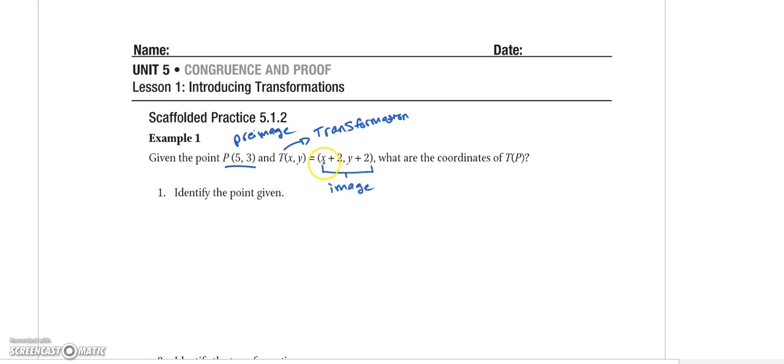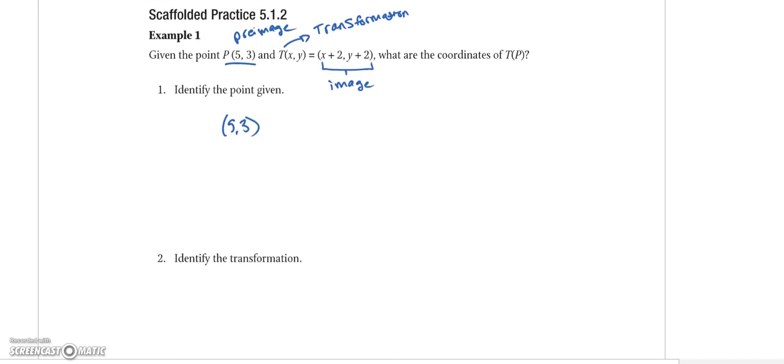So we can see here, my original x is going to change by adding 2. The original y will change by adding 2. Well, that's actually a translation, right? I'm shifting right 2 and up 2. So this one happens to be a translation, but let's walk through these. Identify the given point, 5, 3. Identify the transformation. Well, the transformation, which we're calling T, is this: x plus 2, y plus 2.